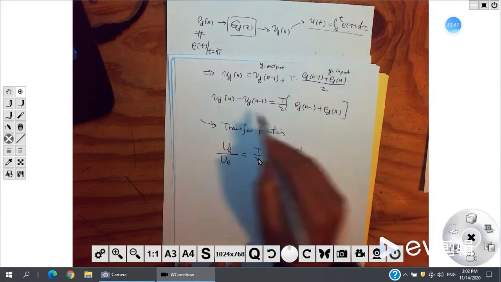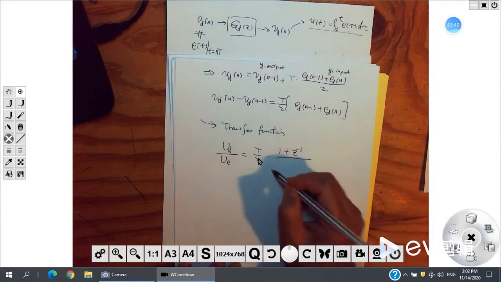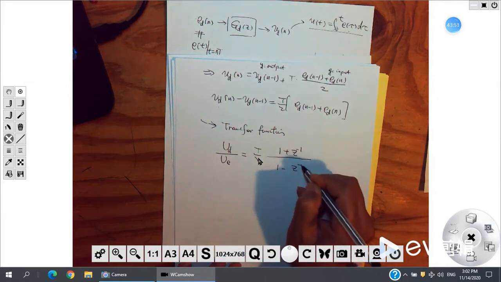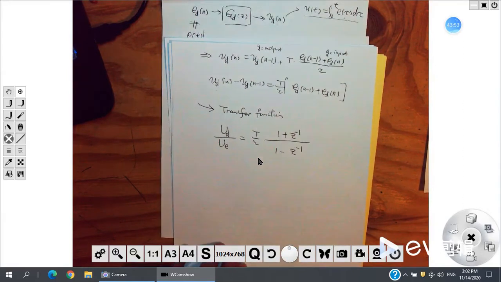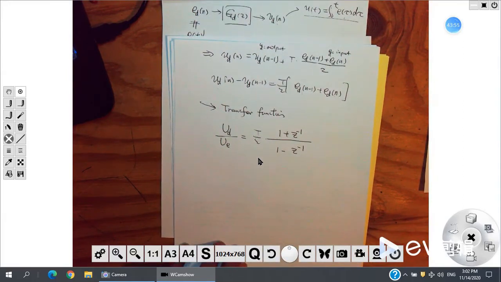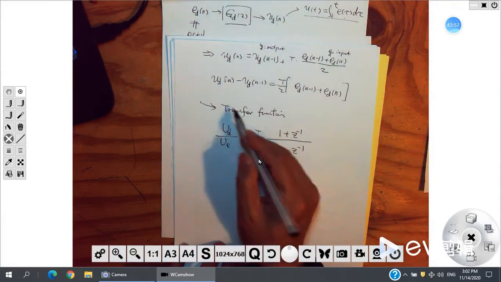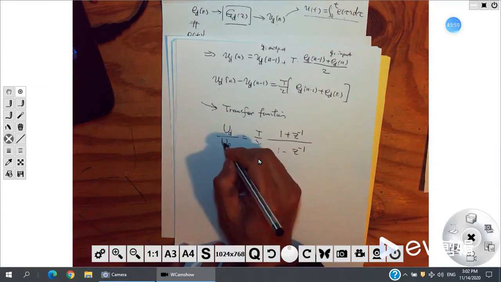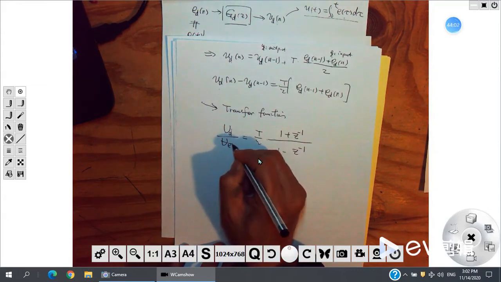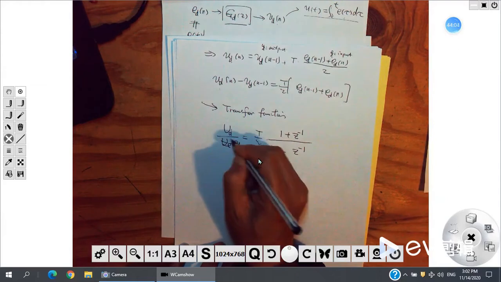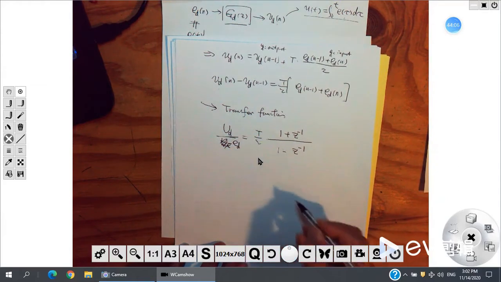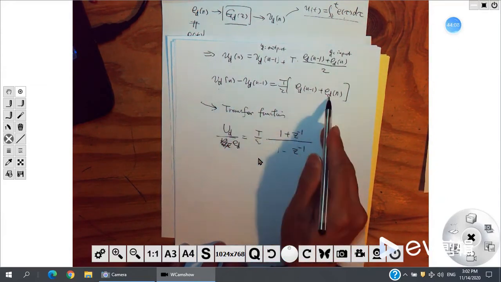And this is no delay, 1 delay, is 1 minus z to negative 1. So we have this. Sorry, this is ed. Too many notations. ud over ed. I got this.